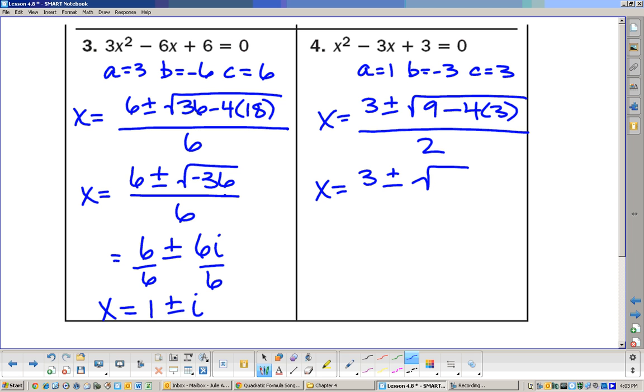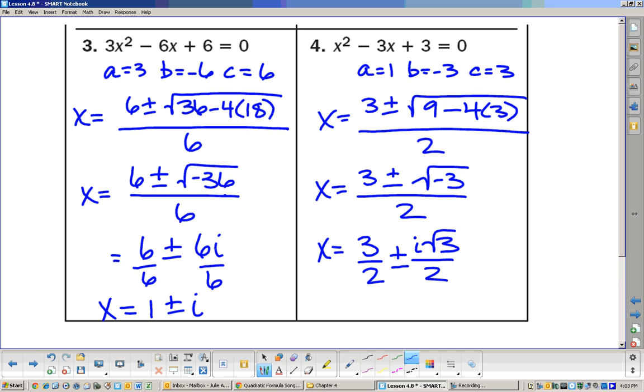So that's going to be the square root of negative 3, all over 2. Well, the square root of negative 3 is going to give me an i, so let's see what I have. I have 3 over 2 plus or minus i square root of 3 over 2. And since I don't have any square roots in the denominator, I'm done. That's my answer in standard form.